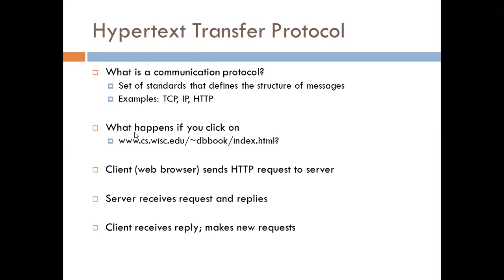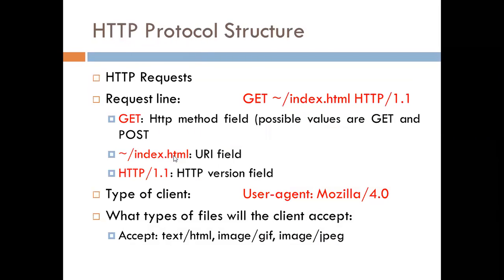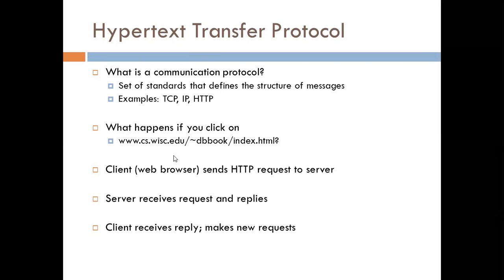Once the host computer details are known, HTTP request messages will be generated. A client browser will send an HTTP request to the server when we click on this link. The server receives the request and replies. When a client receives a reply, the client can make new requests.